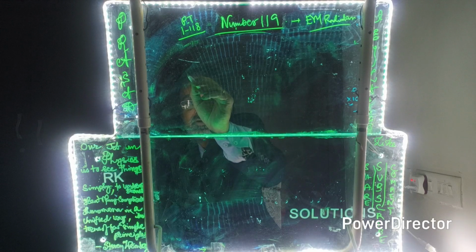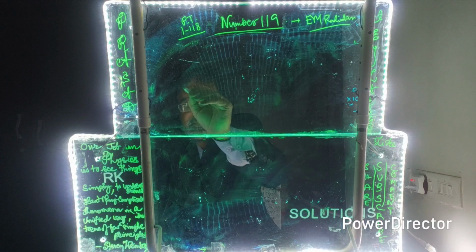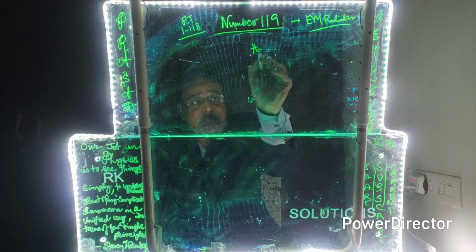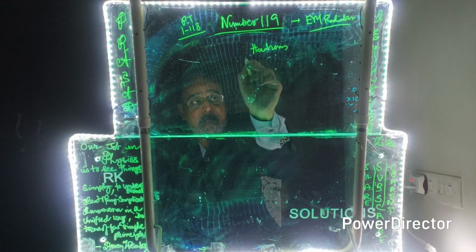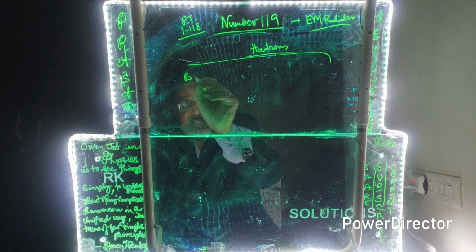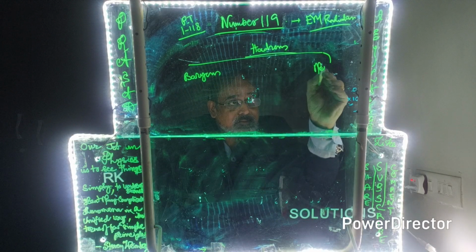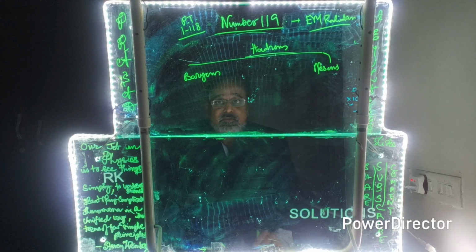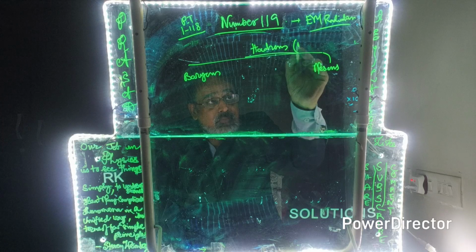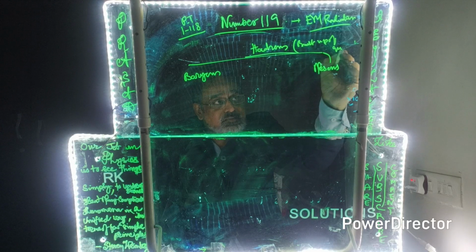Right. Now, let us say we have these hadrons. Hadrons are of two types, baryons and mesons. These are built up of quarks.